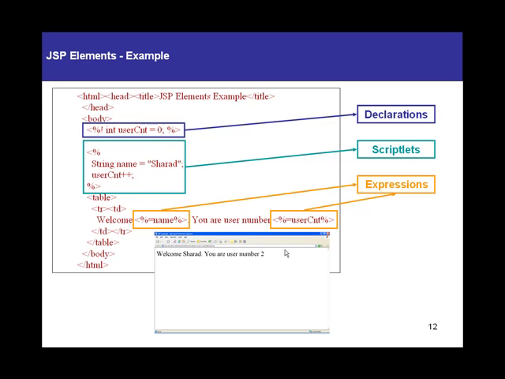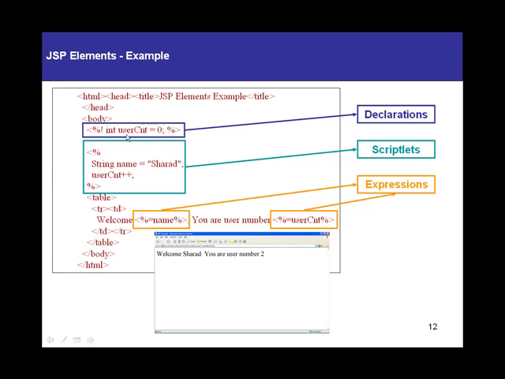So for each request that comes into this web page, for everyone who logs in, it's going to increase the user count by 1. By this time you would have figured out at which place in this dynamic web page I need to use JSP elements, and which type where.